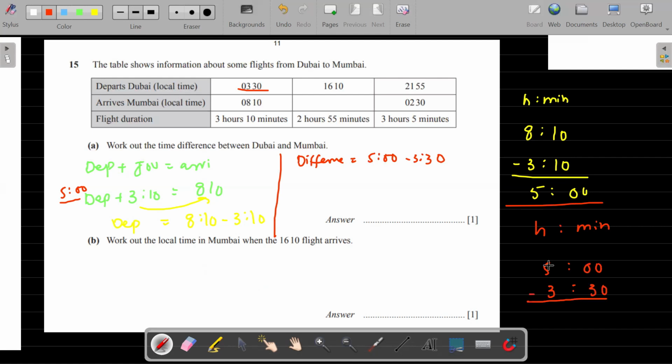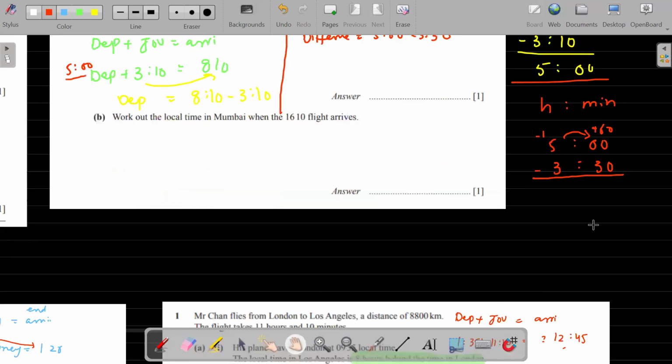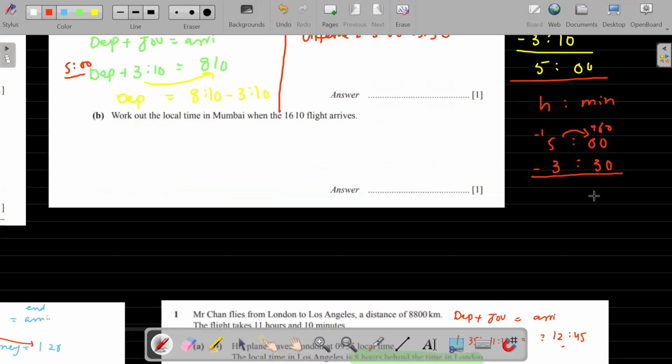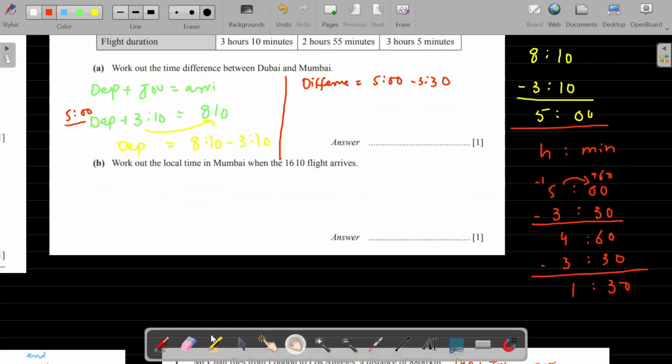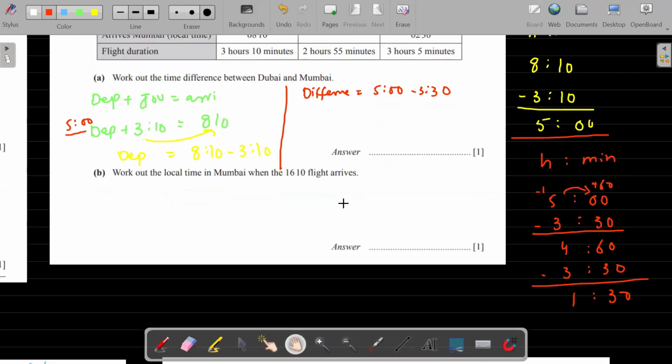I cannot subtract 30 from 00, so what will I do? I have to borrow 60 from here and 1 will be subtracted from the hours. Now 60 minus 30 is 30, and 5 minus 1 is 4, 4 minus 3 is 1. So 1 hour 30 minutes is the time difference between these two countries.